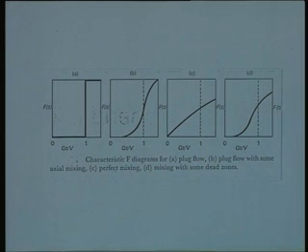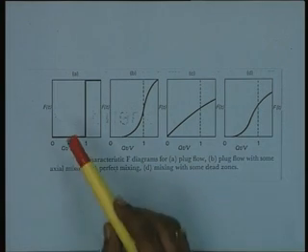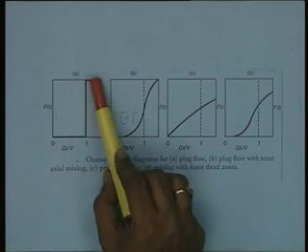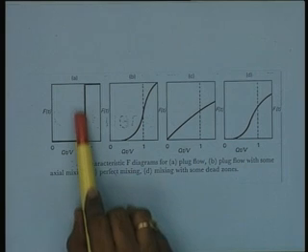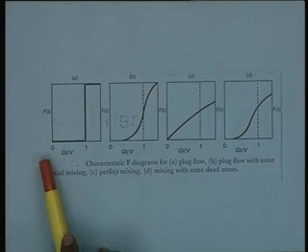Now alternatively, one can also look at the characteristic F curves for different kinds of flow profiles. For example, curve A is a typical F curve for a plug flow reactor.